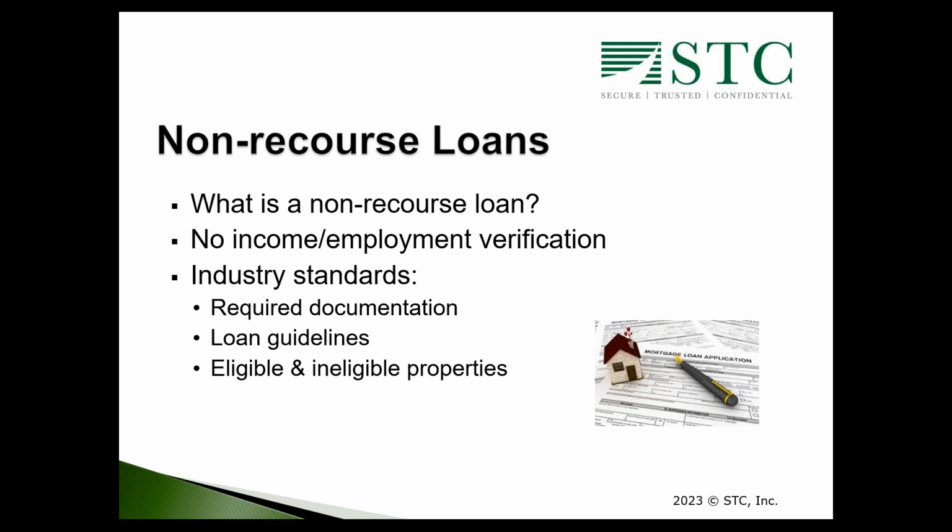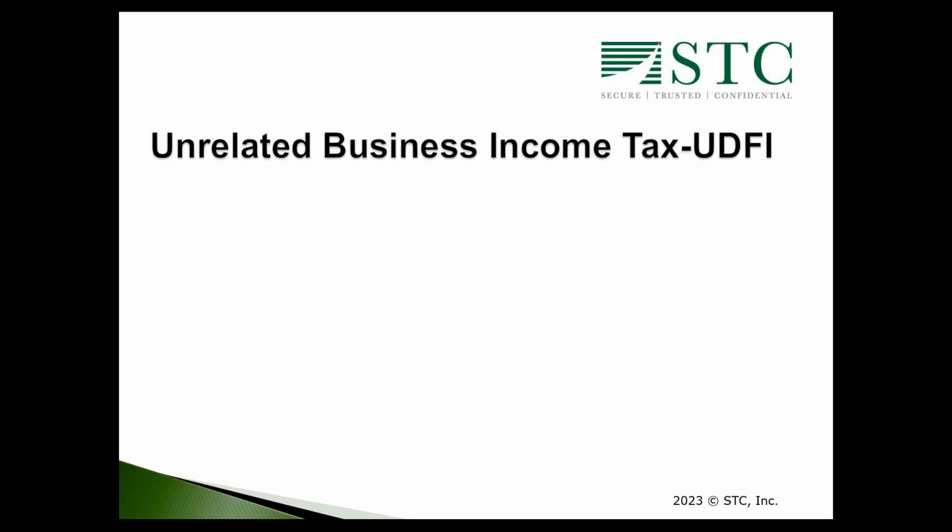So just a little bit of information, because many real estate investors in their retirement accounts do want to be able to use loans. Now, I want to bring up this topic because it relates to having a loan. Unrelated business income tax is a tax that the IRS has set up, and it has a subset called unrelated debt financed income, which is taxable.